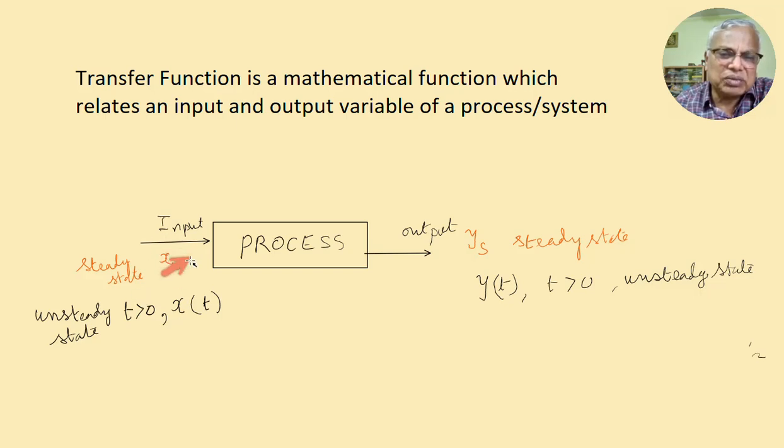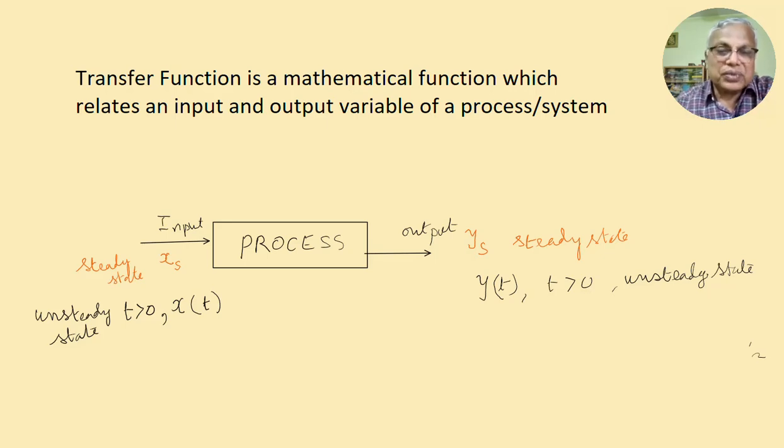At steady state the variables are xs and ys. At unsteady state the variables are x of t and y of t; you can simply write x and y. x and y are variables, whereas xs and ys are constants.